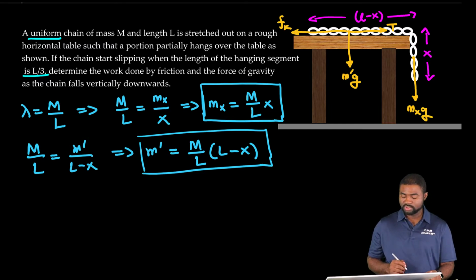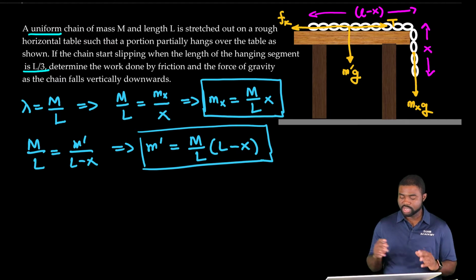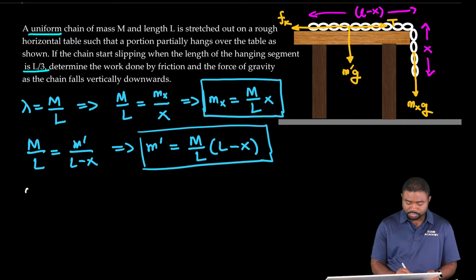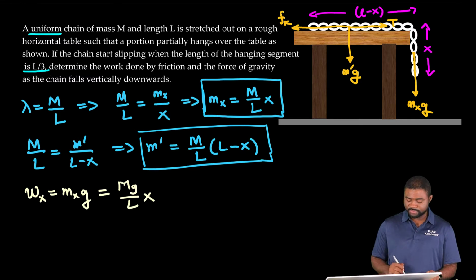So let's calculate the force of gravity acting on the hanging portion. Wx is just going to be equal to mxg, which is equal to capital M g over L multiplied by x.